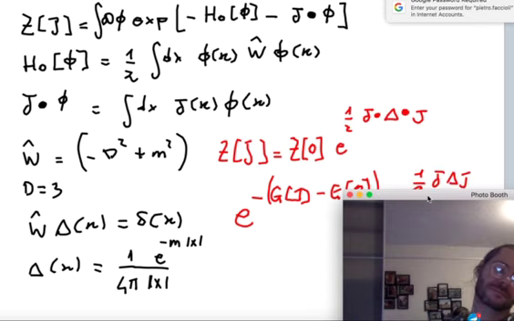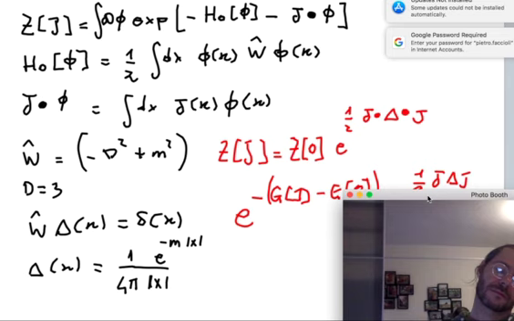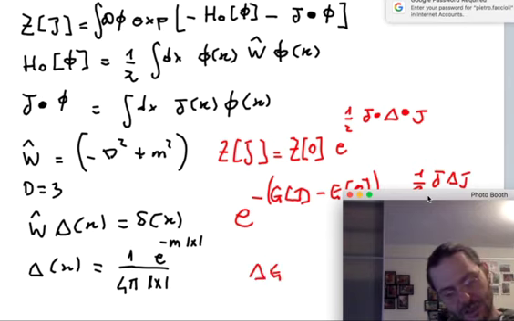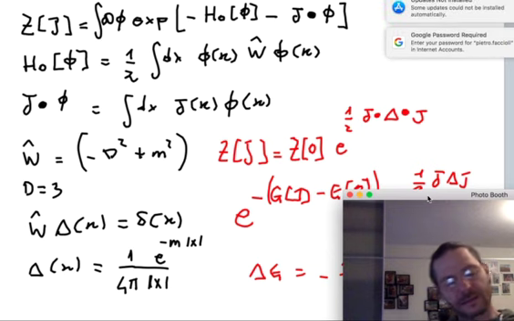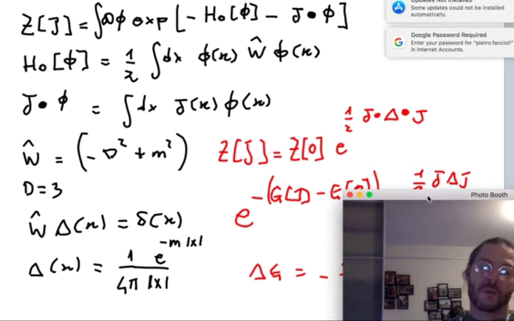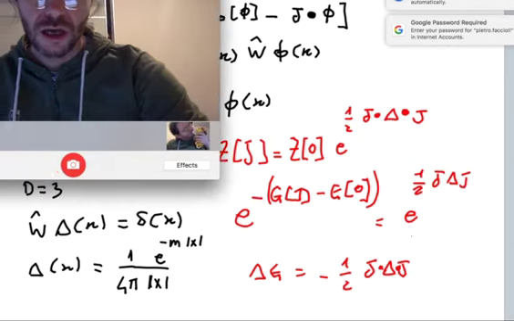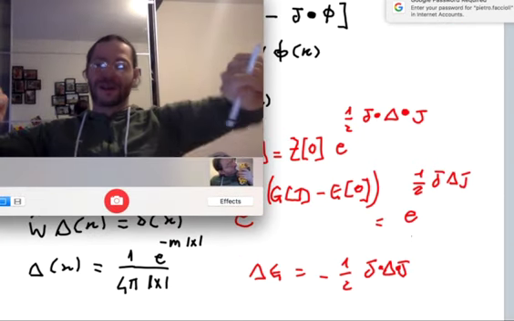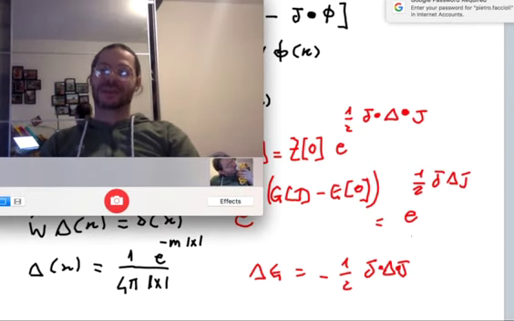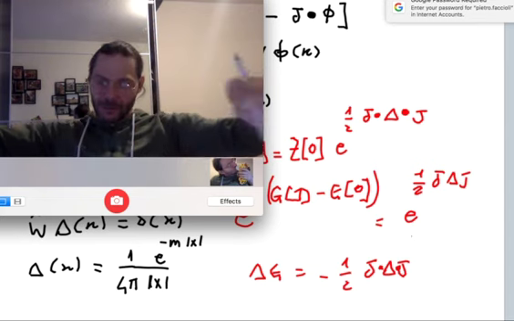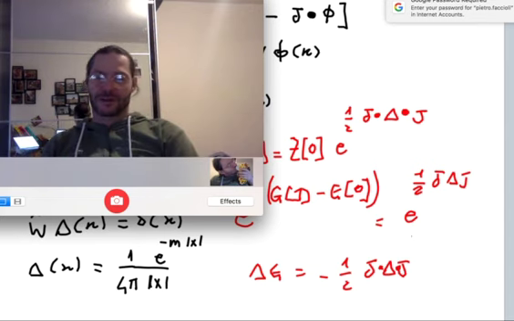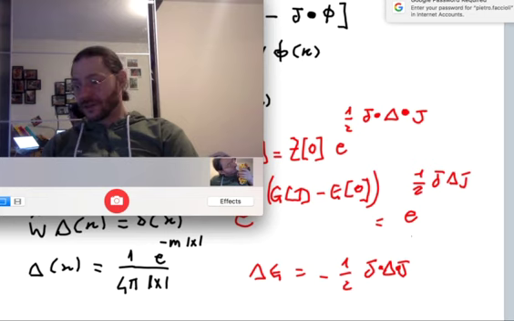So basically delta G is, for this formula, negative 1/2 J delta J, which basically is telling you how much you lower the free energy by switching on an external magnetic field in a paramagnetic system.